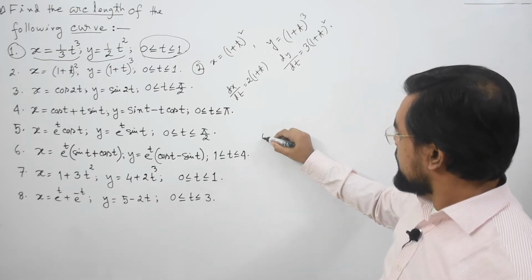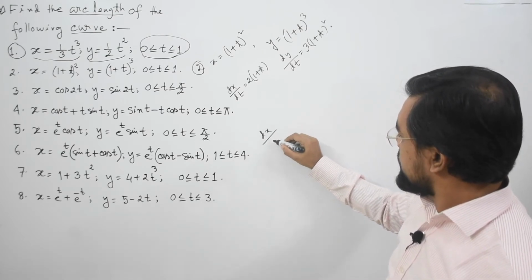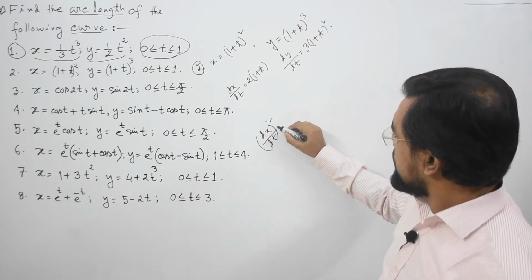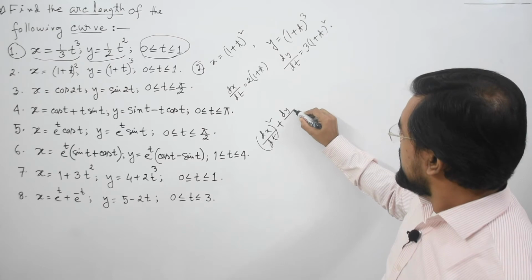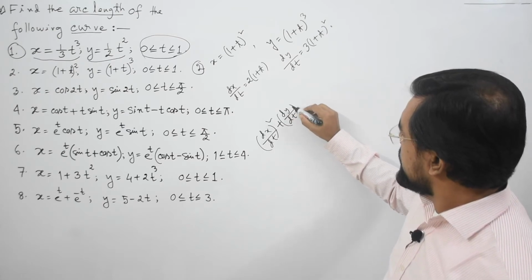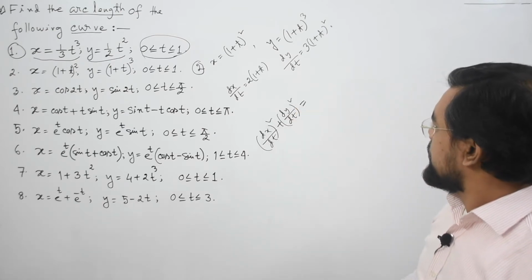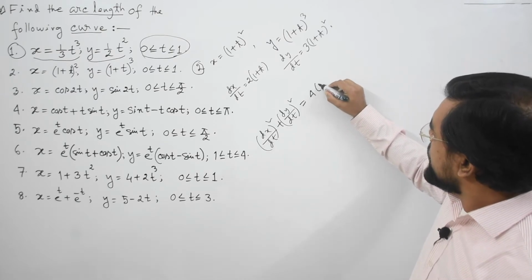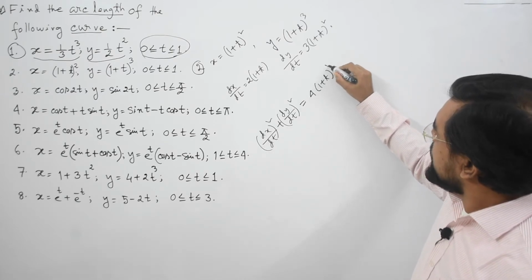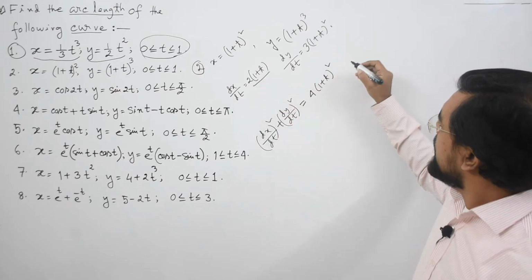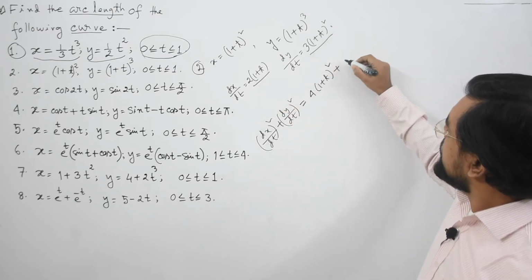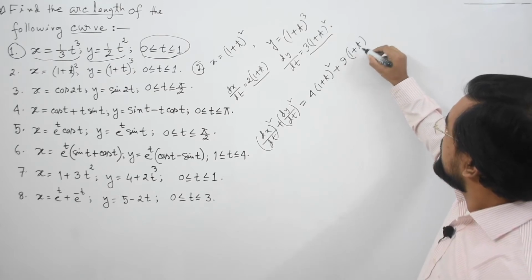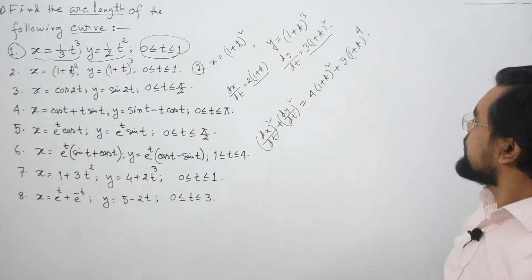And let me calculate the sum of their squares. (dx/dt) squared plus (dy/dt) squared is equal to 4 times (1 plus t) squared, plus if you square this term you will get 9 times (1 plus t) to the power 4.